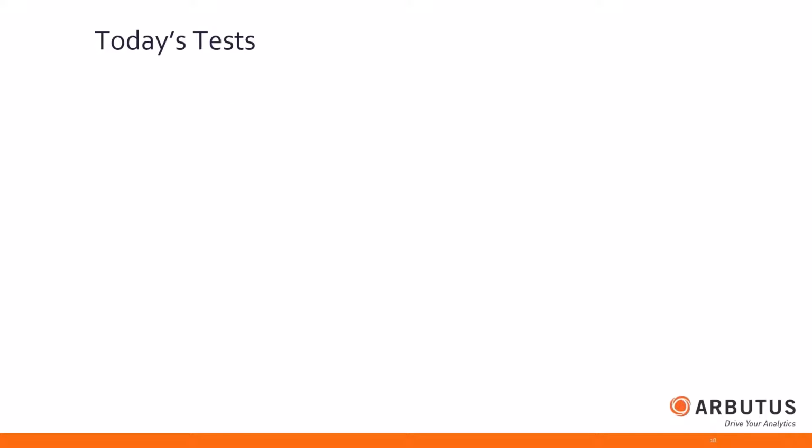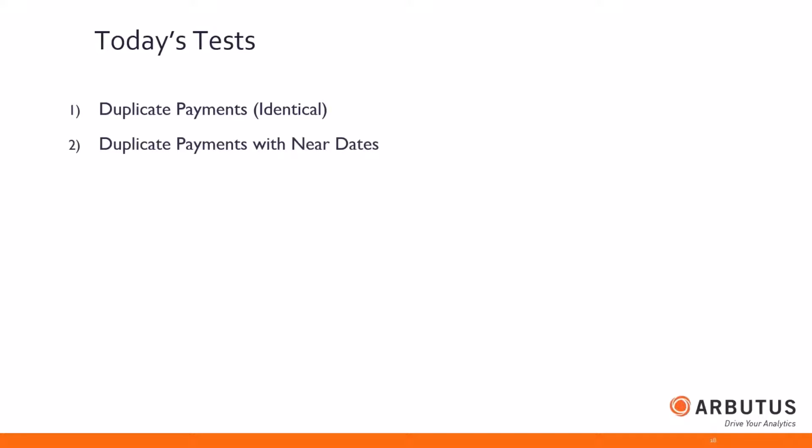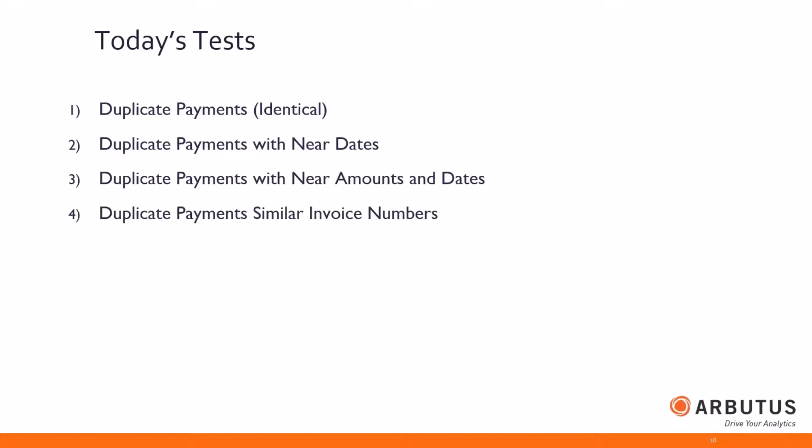Today we'll be conducting some tests of duplicates, fuzzy duplicates. We'll see examples from payments, vendors, and employee data. First, we'll look at identical duplicate payments. Second, duplicate payments with near dates. Duplicate payments with near amounts and dates.